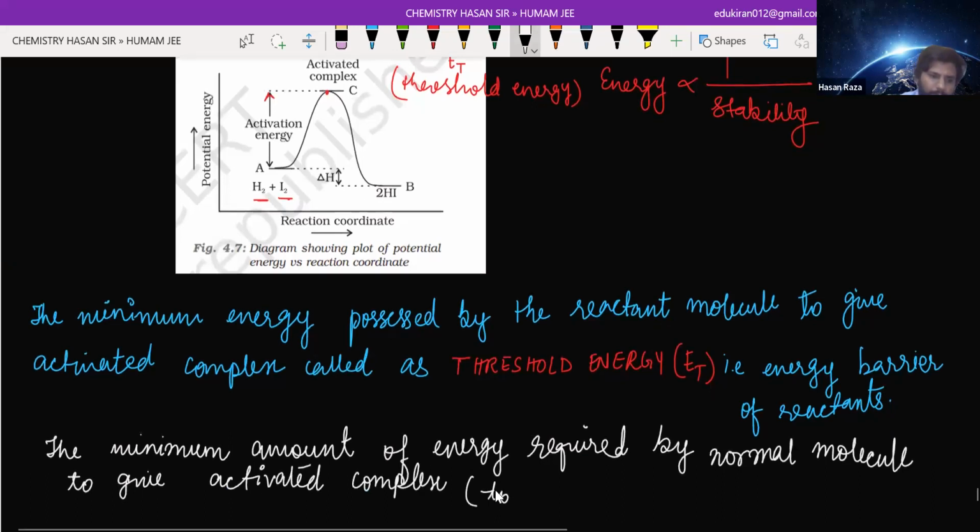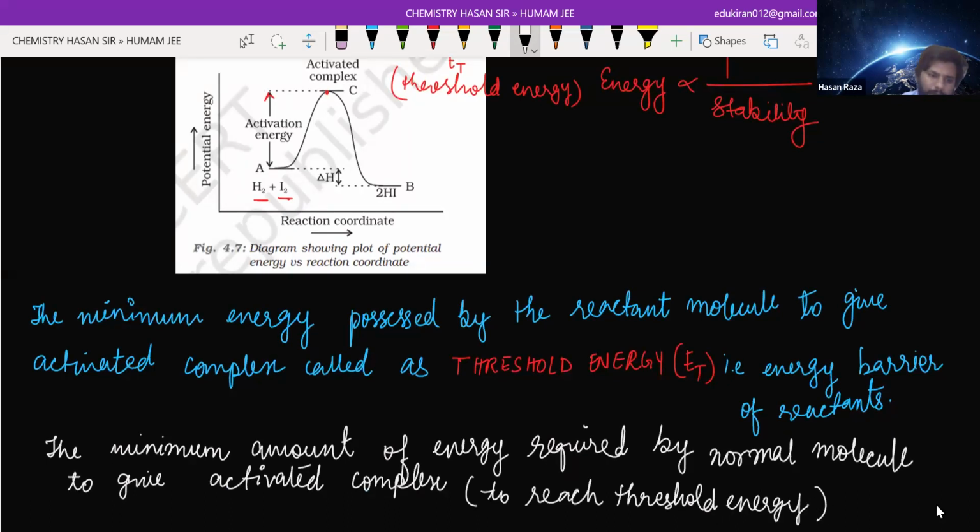That means basically to reach threshold energy. To reach threshold energy is called activation energy.